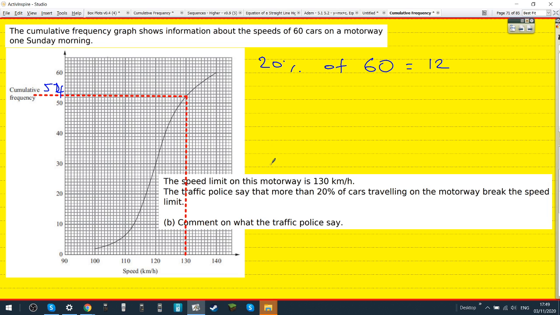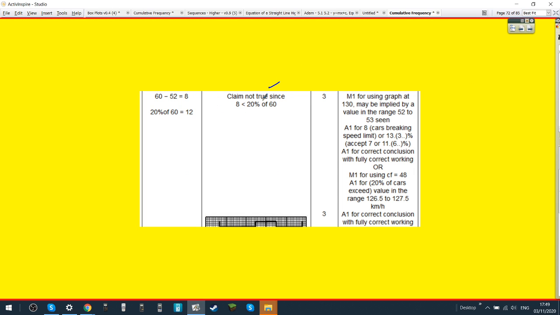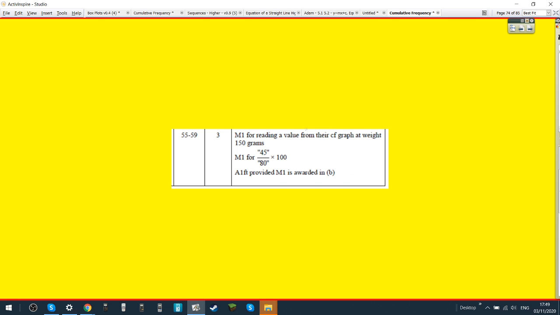Okay. So it's 12, so more than 12 cars. And that goes up. I think he's wrong, because 6 is less than 12. Not true. Okay, so it was 8, not 6. But yep, got it. Great. You were right, actually.